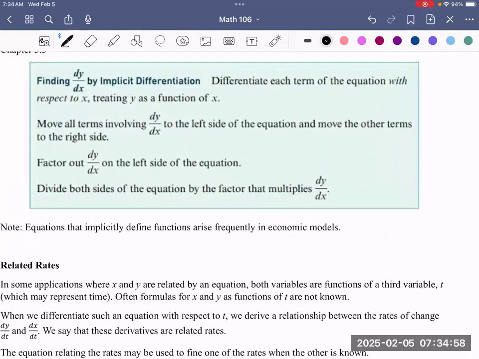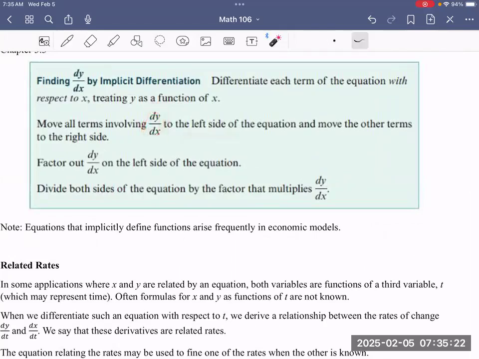Now, before we end this video, I just want to go over the steps as defined by your textbook. So it says find dy dx by implicit differentiation. So differentiate each term of the equation with respect to x. Treat y as a function of x. Move all terms involving dy dx to the left side of the equation.